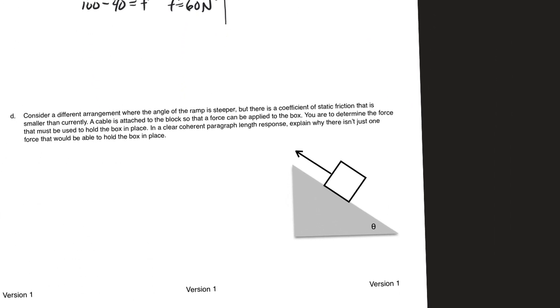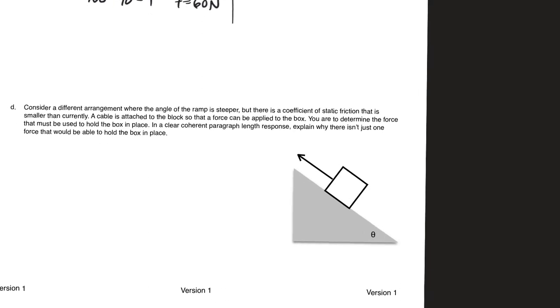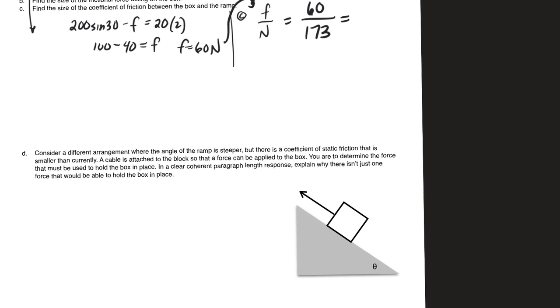D, consider a different arrangement where the angle of the ramp is steeper, but there is a coefficient of static friction that is smaller than currently. A cable is attached to the block so that a force can be applied to the block. If you are to determine the force that must be used to hold the block in place, in a clear, coherent paragraph-length response, explain why there isn't just one force that would be able to hold the box in place.